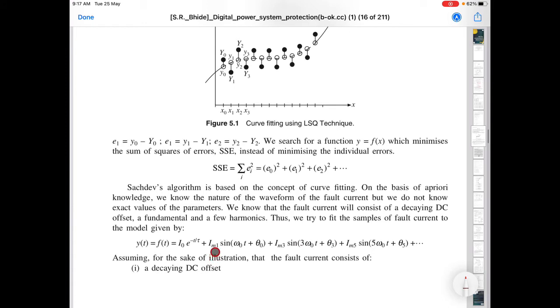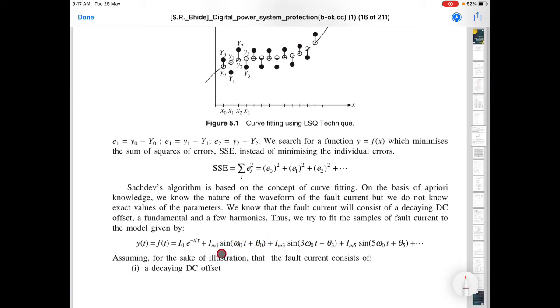So what is the current measurement? Current is I sin omega t, where I is the peak value, and this is sinusoidal in nature. The current we are trying to measure is a sinusoidal waveform, but it is not only the fundamental, omega naught t plus theta, shifted with respect to some reference.